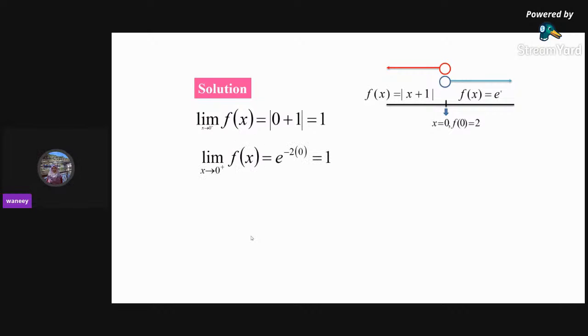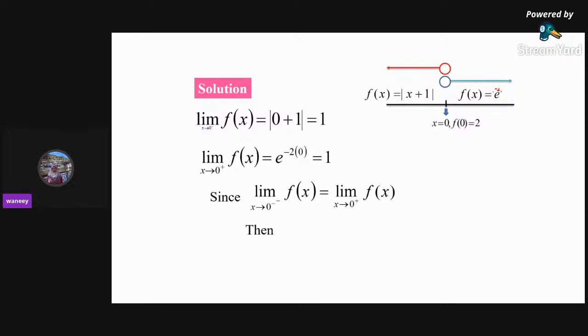And then the limit as x approaches 0 on the right hand side for f(x). This is e to the power of negative 2 times 0, so e to the power of 0, which is equal to 1. Therefore, the limit as x approaches 0 on the left hand side for f(x) is equal to the limit as x approaches 0 on the right hand side for f(x).